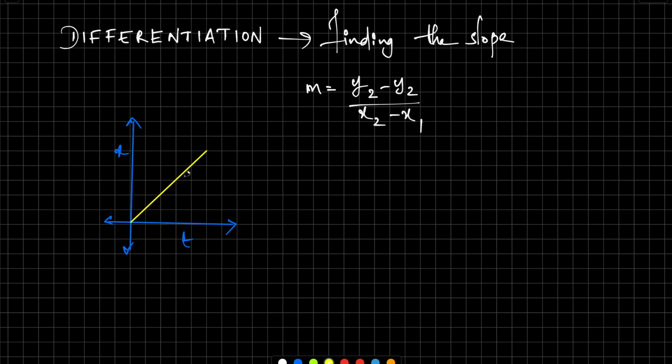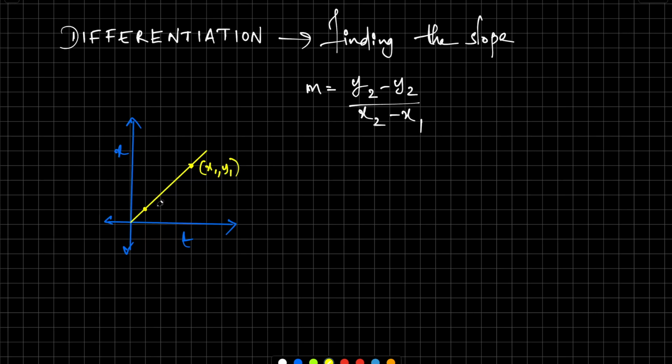Okay, how do you find slope for this straight line? Finding slope for a straight line is pretty much straightforward. You can use this equation. Take any 2 points on this graph. You can choose any 2 points, and you can apply this equation. This point is, let's say, x1 y1.